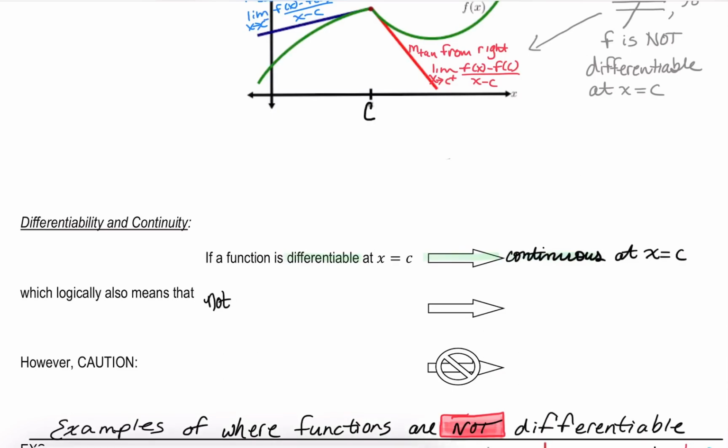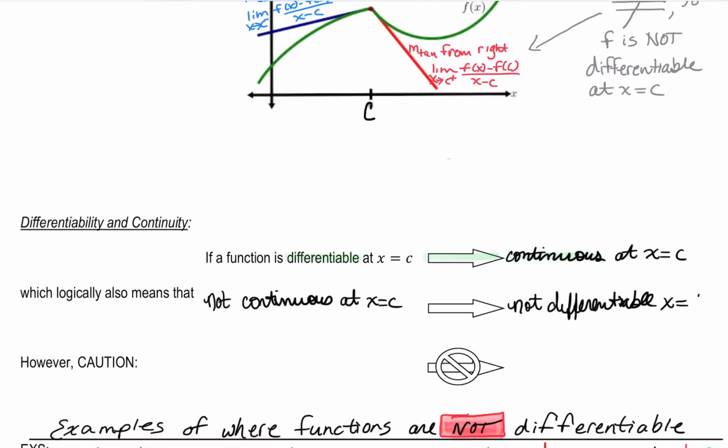The thing you have to be careful of. So in this situation, if we are not continuous at x equals c, then we are not differentiable at x equals c.